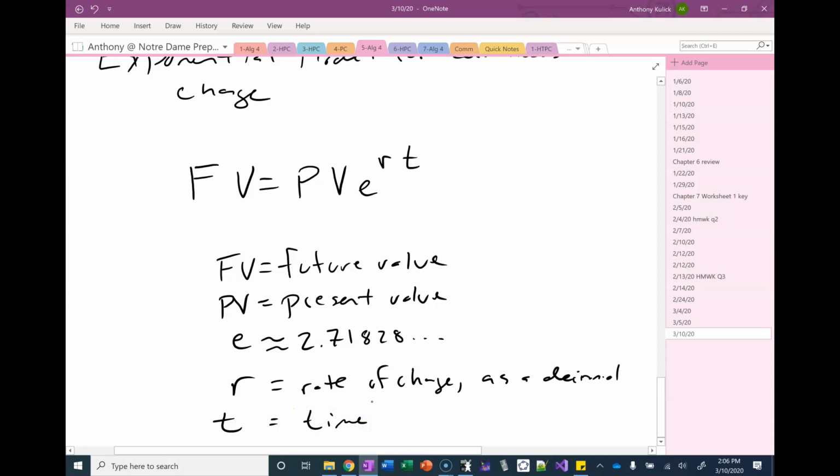The unit for time should match whatever the rate of change is. If the rate of change is yearly, time should be in years. If the rate of change is hourly, it should be in hours, etc.